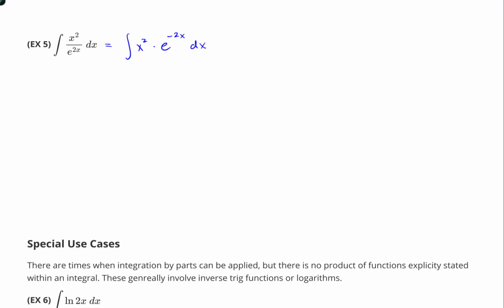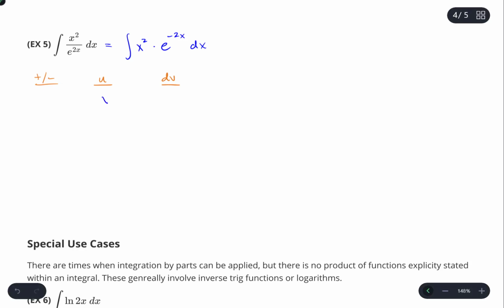Right? And I could have chosen to use x cubed, but if you can do x squared, you can do x cubed or higher. So I'm just going to leave it as an x squared example here. So we have a column for signs that are changing, a column for the function u, and a column for the function dv.